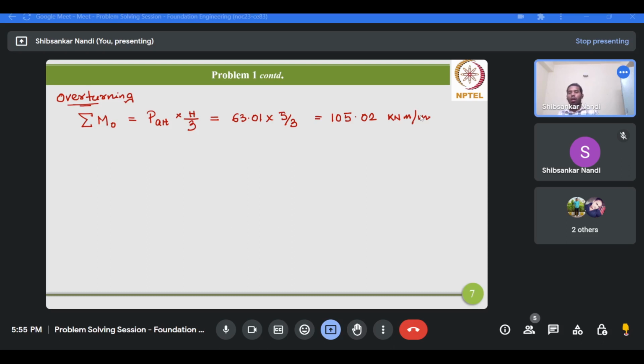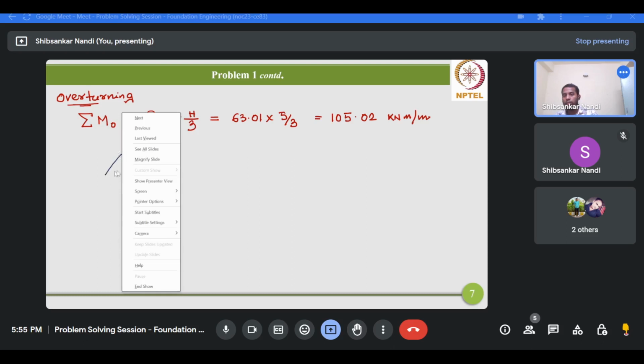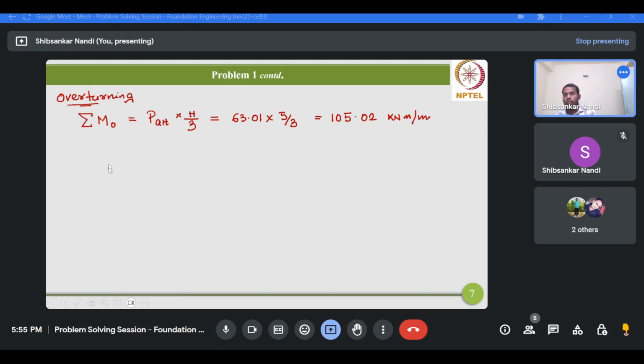Okay. Now we know the overturning moment, we know the resisting moment. Now what we will do, we will basically try to locate the location where the resultant of these forces will act. So this diagram is not in scale.